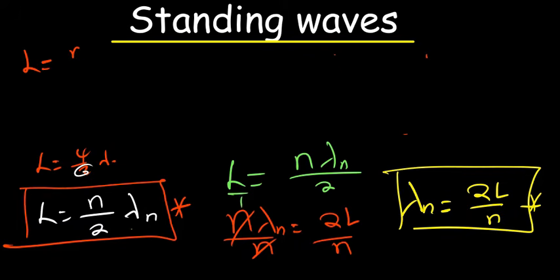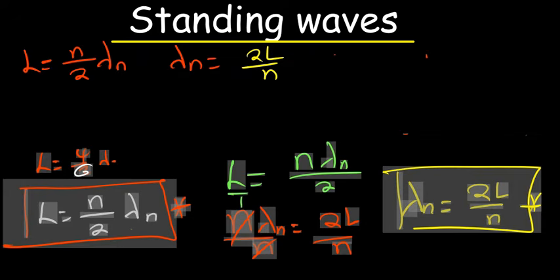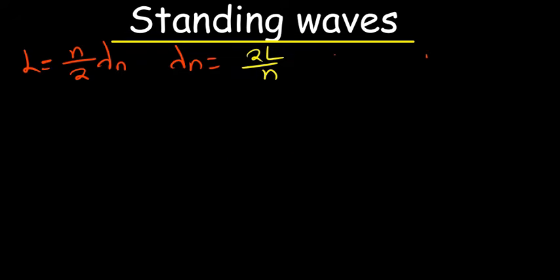L is equal to n over 2 lambda n, and also another formula is lambda n should be equal to 2L divided by n. Okay, so this is what I'm going to do. So we want to find the frequency. So the speed of sound in air, if they will not mention anything about the temperature, just know that the speed of sound in air is 343 meters per second.